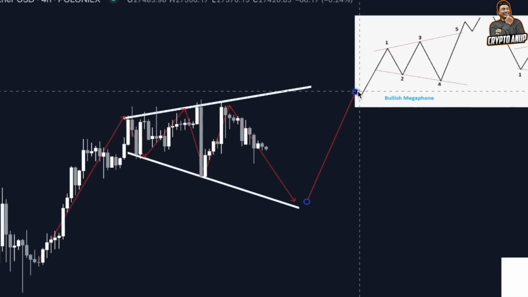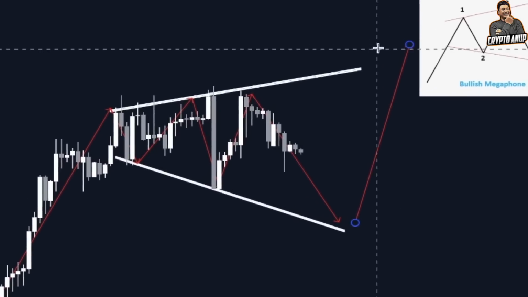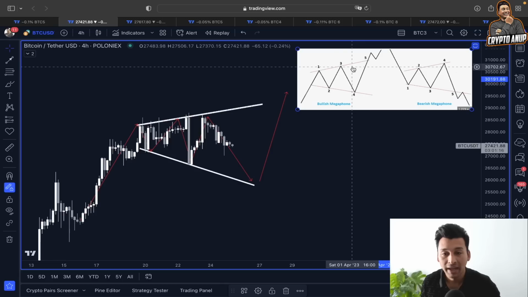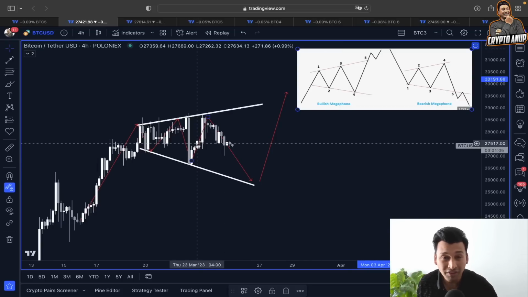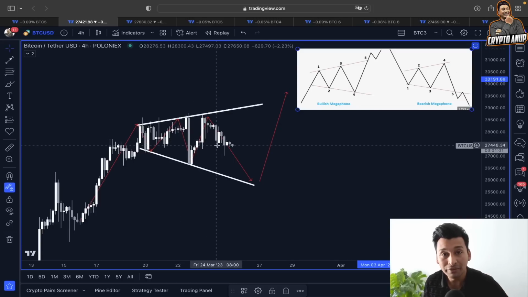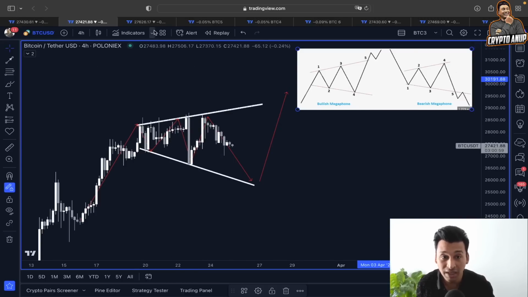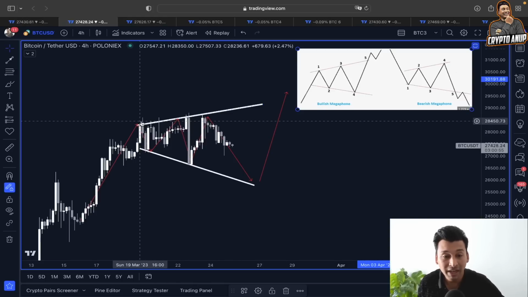I mean, price after testing the support around 25,000 26,000 could turn bullish, just like as shown here in an example. The bullish megaphone pattern could be playing out parallelly even after some shakeout. So that's why we have been talking about some retracement which could potentially take place around 25,000 26,000 before price chooses a trend direction. And not only because of this broadening wedge or bullish megaphone pattern.